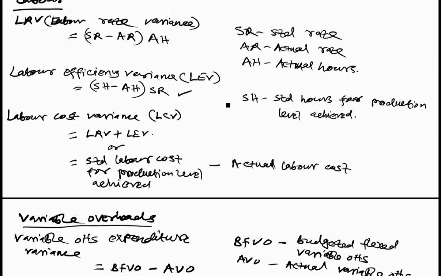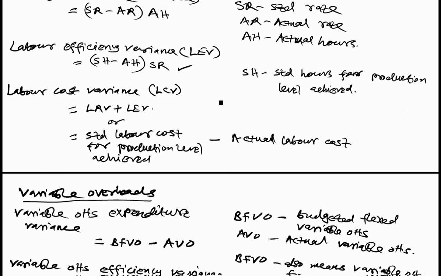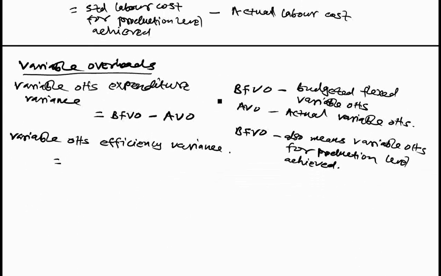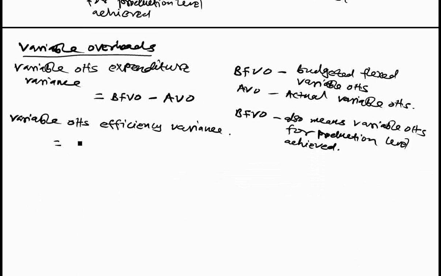The same will be for variable overheads efficiency, even for fixed overhead efficiency. But when it comes to overheads, we don't pay them a wage rate, so the rate here means the overhead absorption rate. In this case the standard rate is the standard overhead absorption rate.